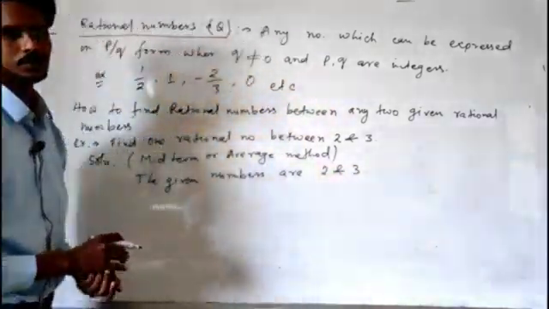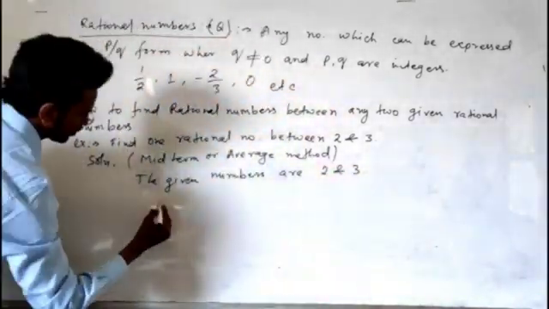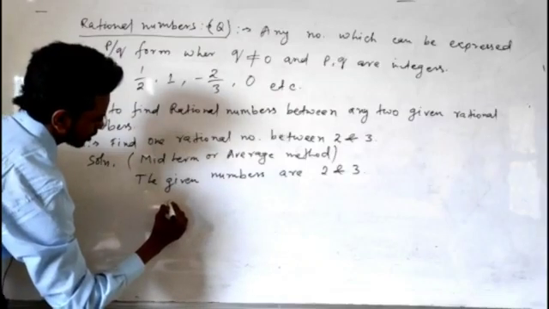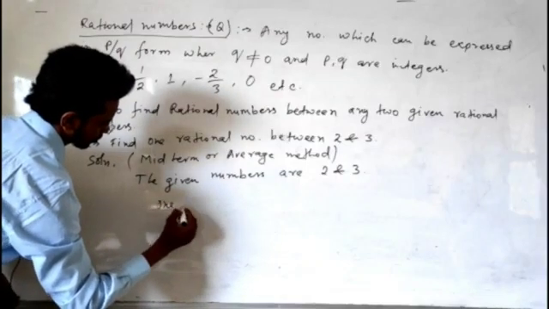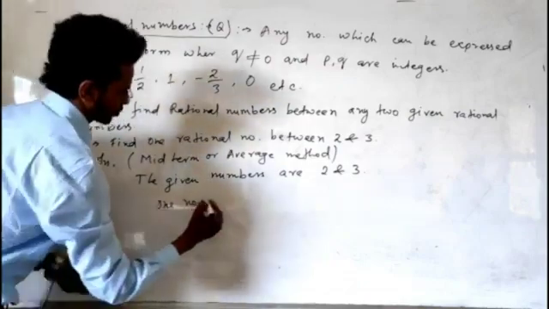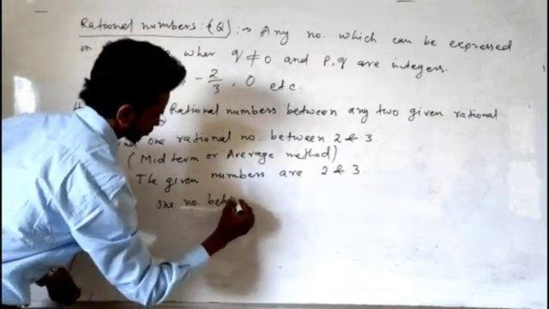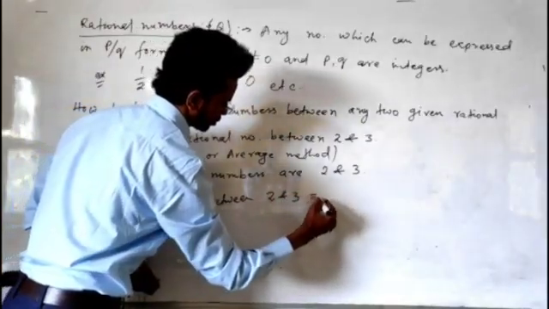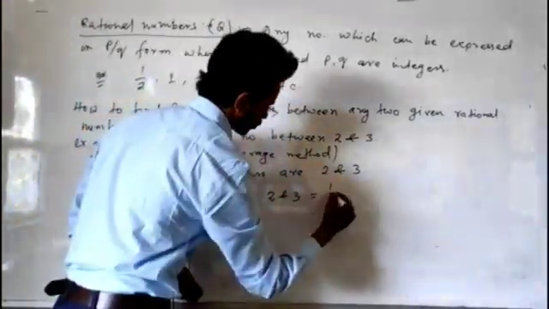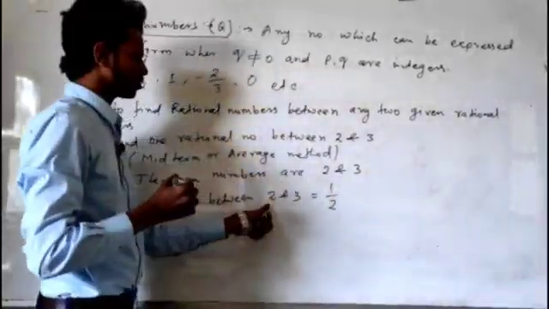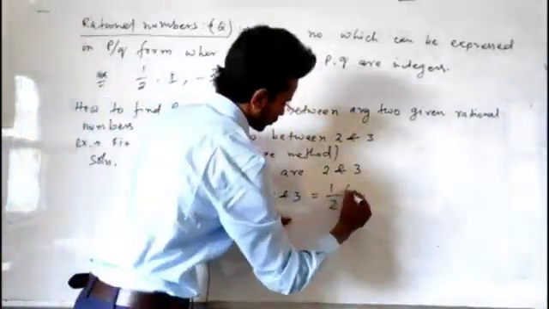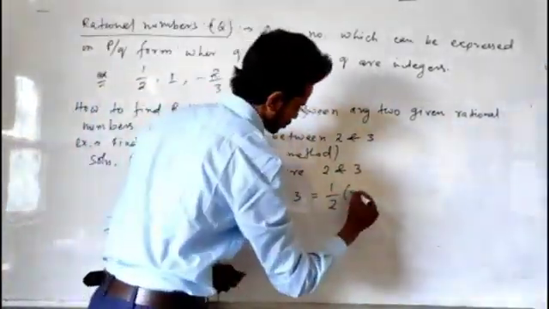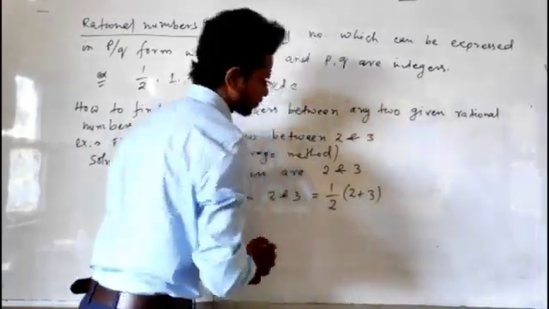Both the numbers are positive. Then we can solve by the one number between 2 and 3 is equals to, write like this, 1 upon 2. Why 1 upon 2? Because we have two numbers and we can add these numbers, 2 plus 3.